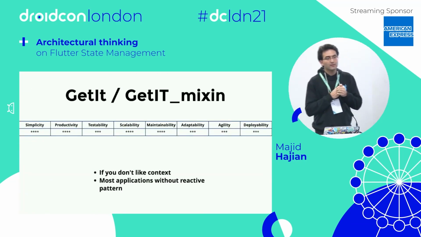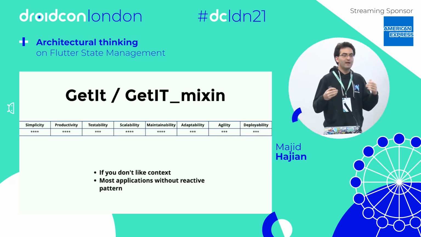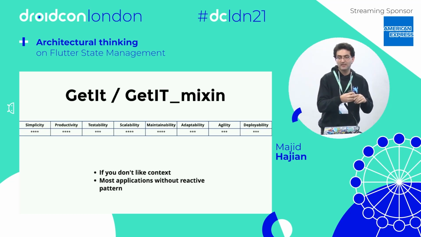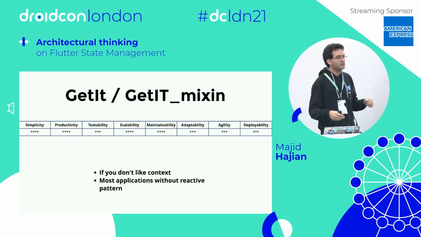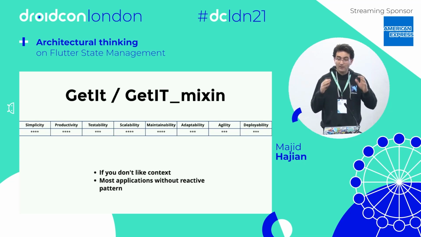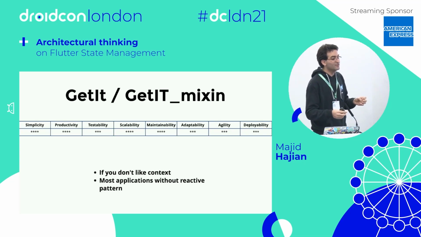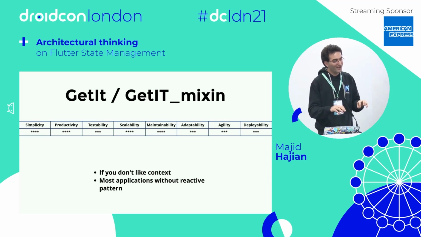And the last one was GetIt. GetIt is a package to bring you dependency injection as easy as possible. It's following keep it simple, right? And I noticed that some people use GetIt as state management. While you can do that, it's not recommended because it's not created for that.